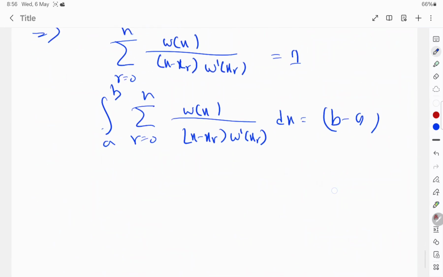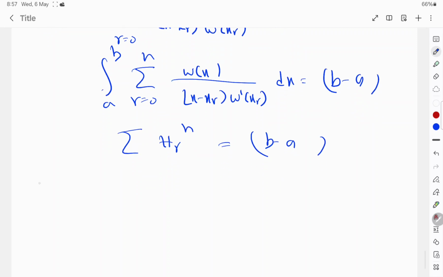Now if you use your substitution, then you will get a different path, and that is no problem. So basically this is your summation H_r^n, and this is your b minus a. Next problem is, suppose they ask what is the value of summation K_r^n.